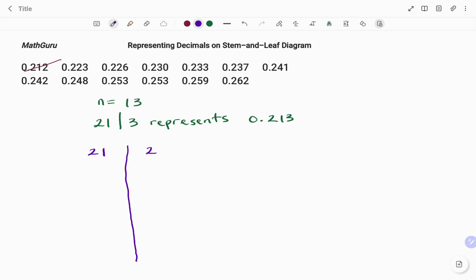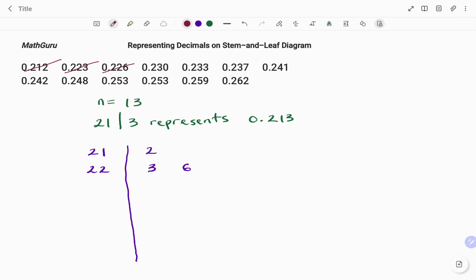I have the first 2 digits after the decimal, that's 22, and then the last digit, that's 3. I'm going to strike that out. And because the next number, the first 2 digits after the decimal, is still 22, I'm going to continue on the same line, then write in the last digit, that's 6. So I have 0.226. So I'm going to write my 6 as shown, and then I take that out.